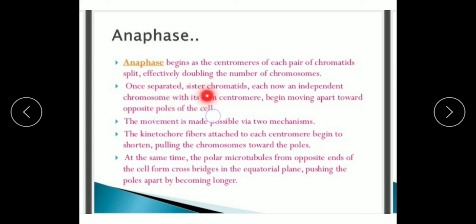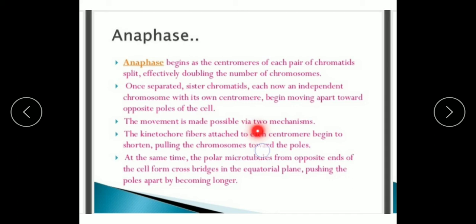Once separated, the sister chromatids are independent chromosomes, each with one centromere, and they begin moving apart towards opposite poles of the cell.